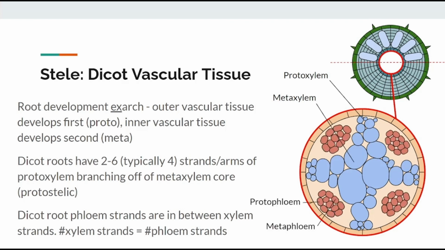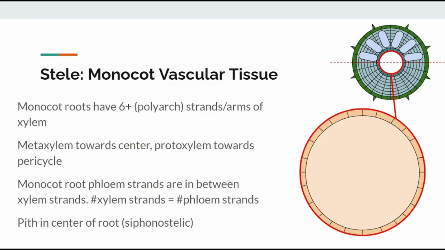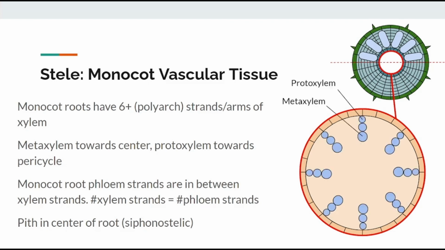Outside the xylem is the phloem, arranged in between the protoxylem strands, and the number of phloem strands will always equal the number of xylem strands. The outer-facing cells of each of these phloem strands are called protophloem, and the inner-facing cells are called metaphloem. In contrast to this, monocot root steles will always have more than 6 strands of xylem, which can be described as polyarch.